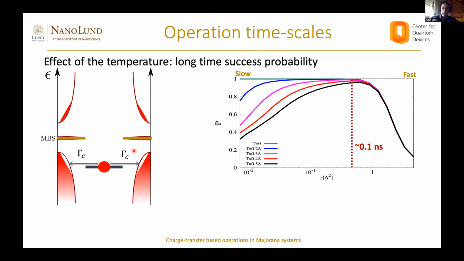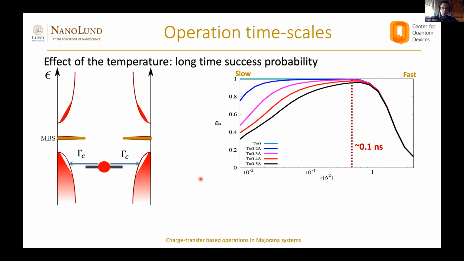And this is illustrated in this graph, where I show the probability that this electron ends up either on the left or on the right Majorana as a function of the rate. And note this is in the logarithmic scale. So we see that these curves exhibit a maximum when we start to approach the adiabatic regime, and then a plateau and then a decay for very small rates, meaning that this process is taking place.